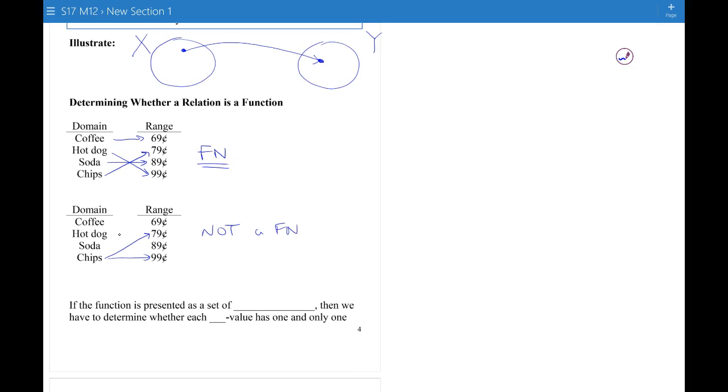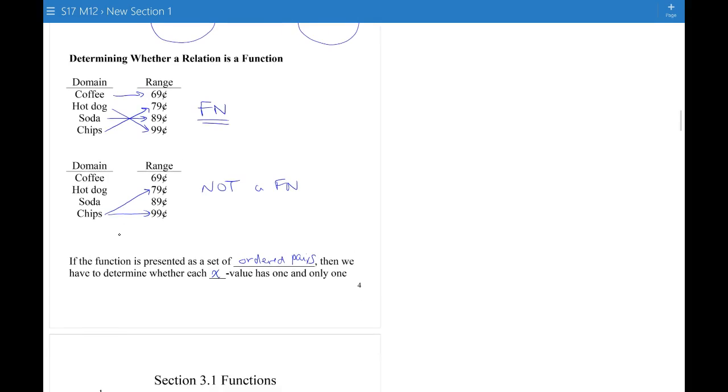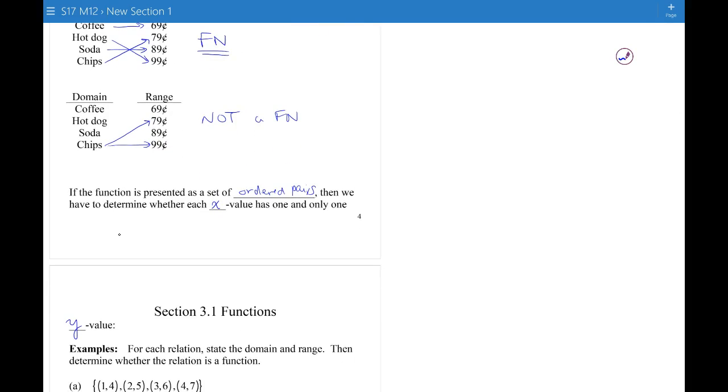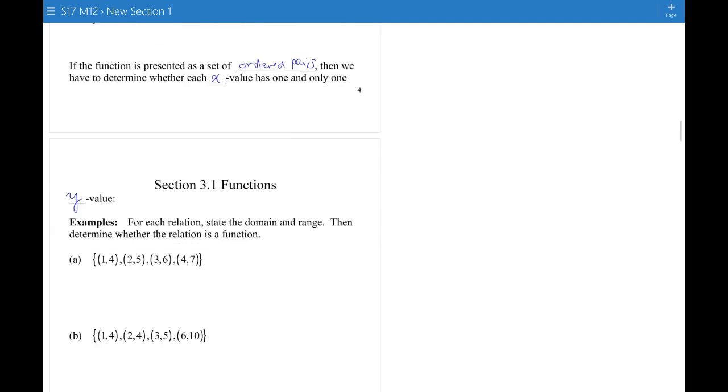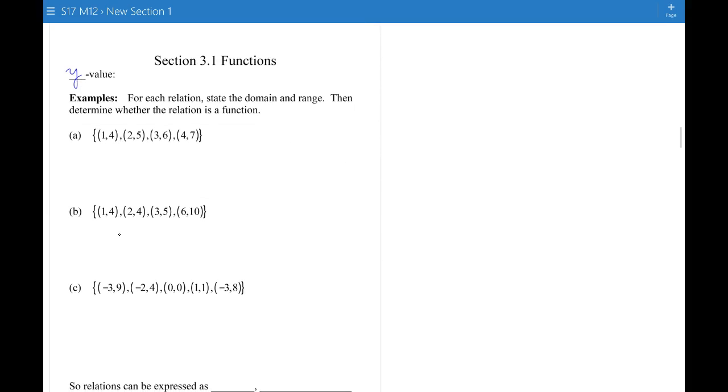So if a function is presented as a set of ordered pairs, then we have to determine whether each x value has one and only one y value. So in these examples, you're given ordered pairs. I like to put them in this arrangement of domain and range.